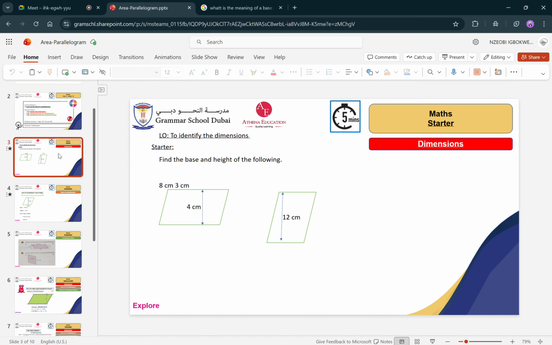Then there's also another parallelogram that has 12 centimeters as its height and 3 centimeters as its base.